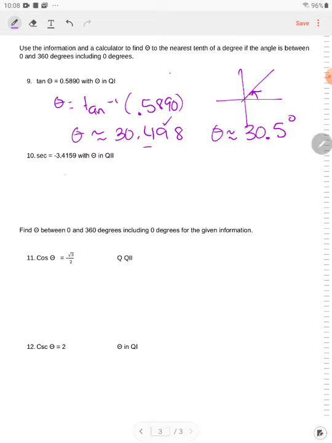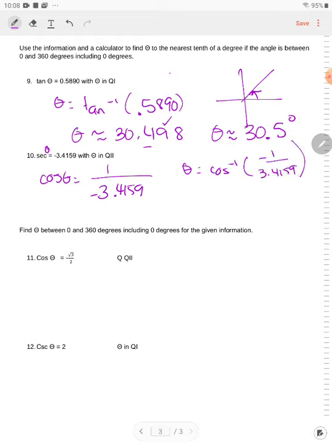Okay, secant is 1 over cosine. So if secant is negative 3.4159, and that should be secant theta, so cosine theta is equal to 1 over negative 3.4159. So theta is equal to cosine inverse of negative 1 over 3.4159.